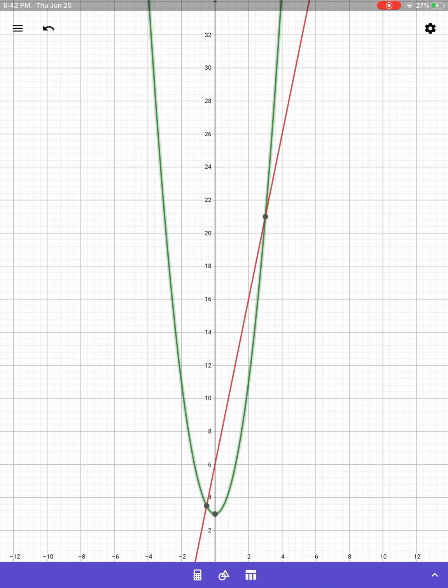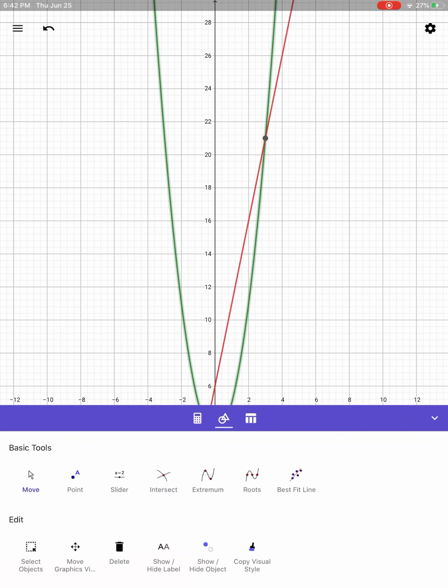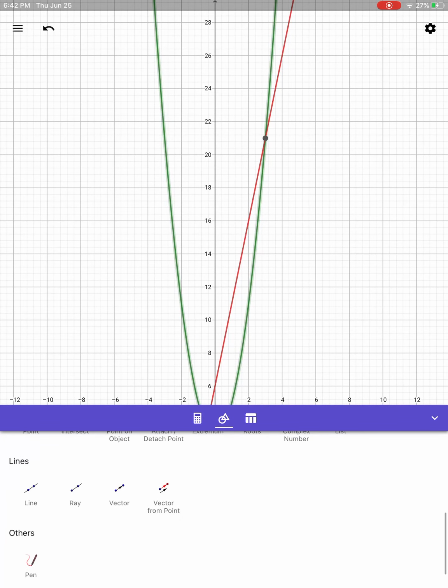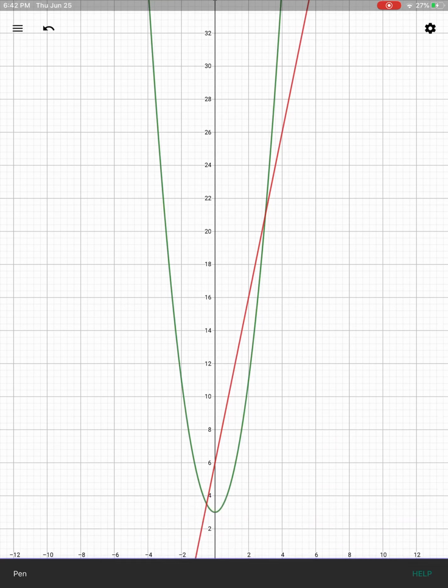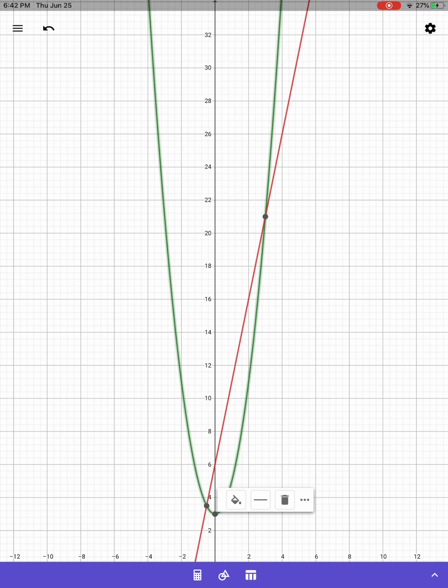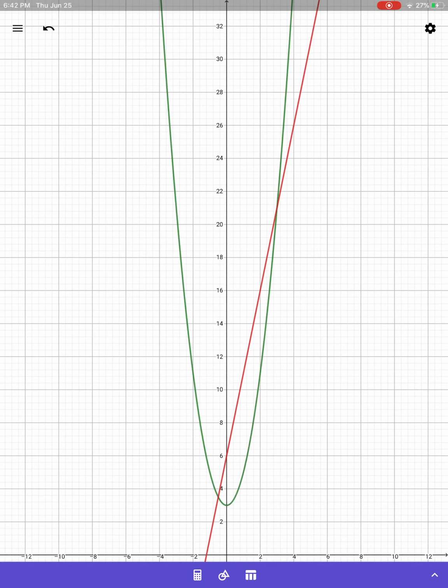Both have been plotted here. The green graph represents y equal to 2x square plus 3, and the red graph represents g of x equal to 5x plus 6.